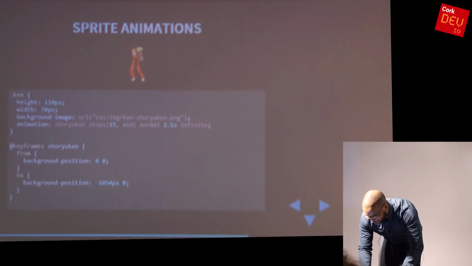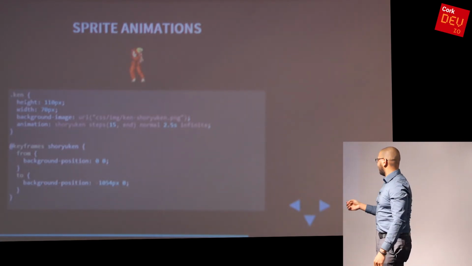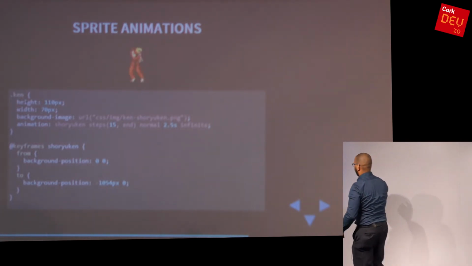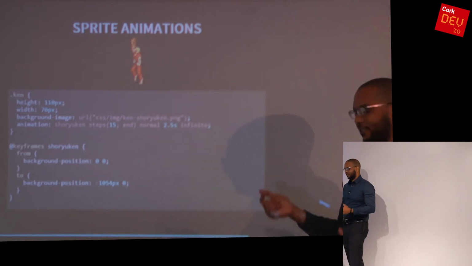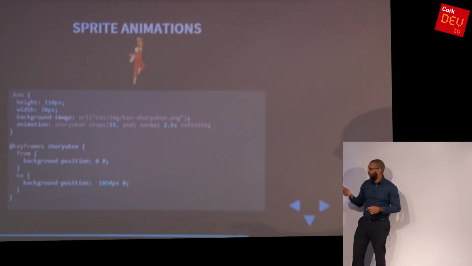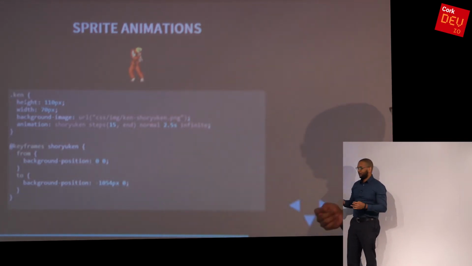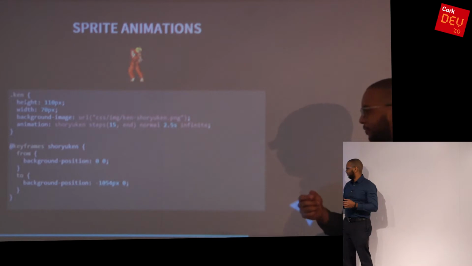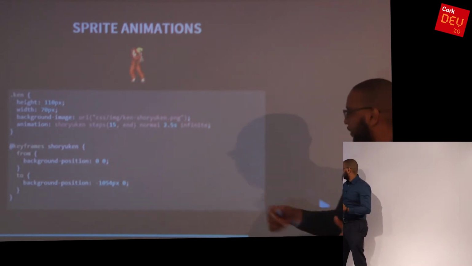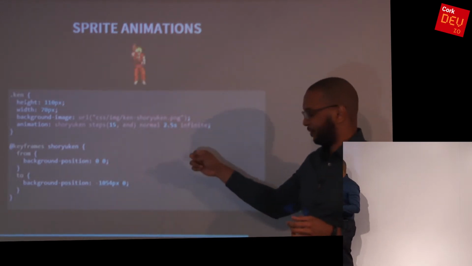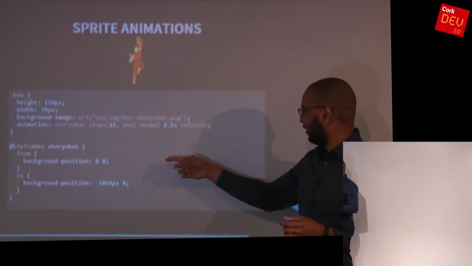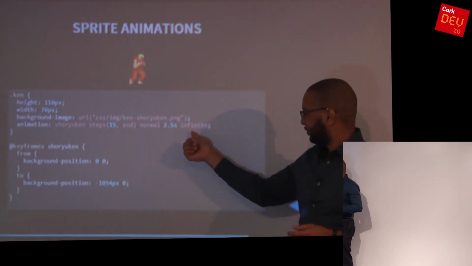The default is end, but you can pass start to it. If you pass start, the animation will start on the second frame, and if you pass end, it will start on the first frame. It depends on what you want to accomplish. And then normal, which is the direction, the fill mode, the delay, and the iteration count.